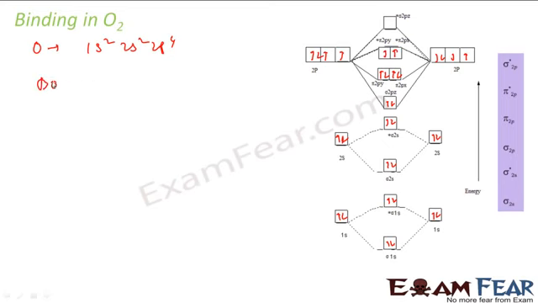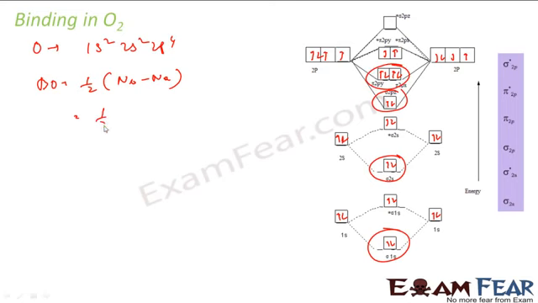Let's write the bond order for this. 1 by 2, bonding minus antibonding. How many bonding? 2, 4, 6 and 4, 10. 10 minus antibonding is how many? 2, 4, 6. Right? So you get 2. That means there is a double bond.